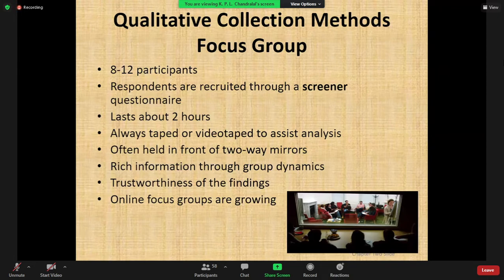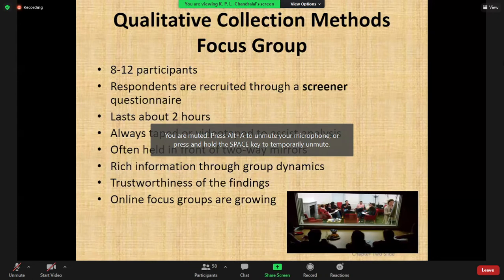When you conduct an in-depth interview, you interview each person separately. But in this case, a bunch of people talk together. So when we talk in a group, that would be more productive. We call that group dynamics.